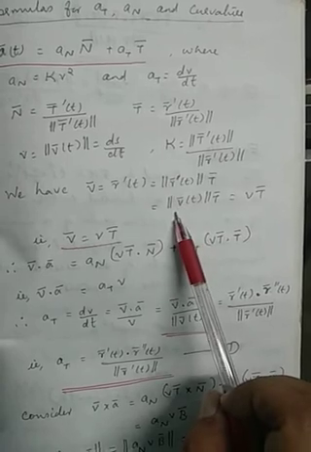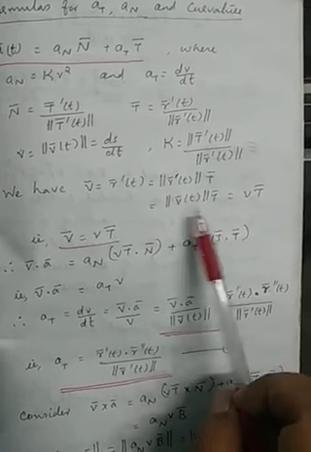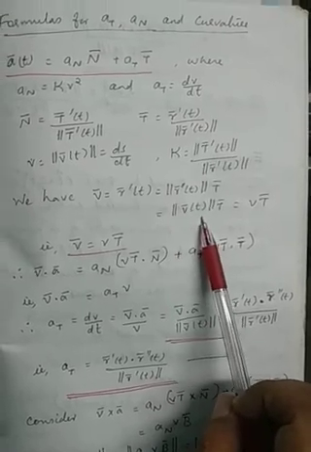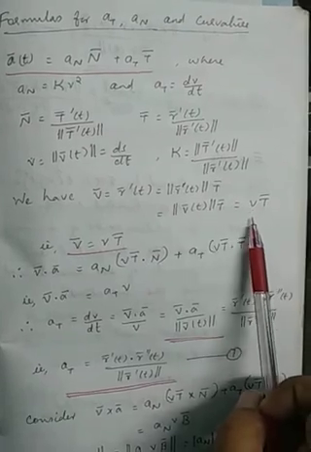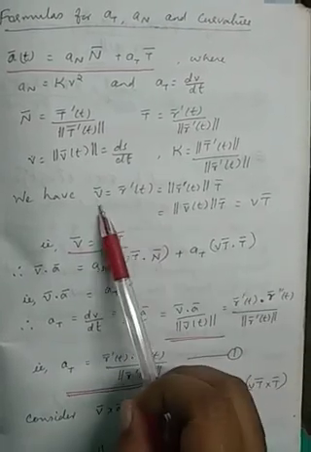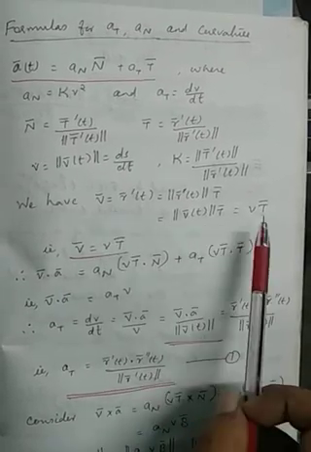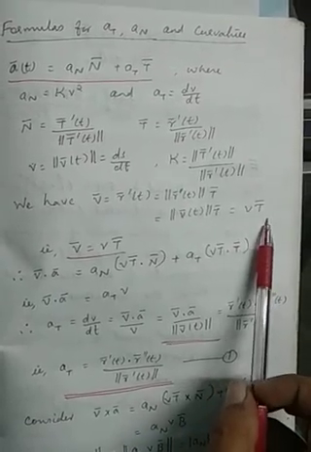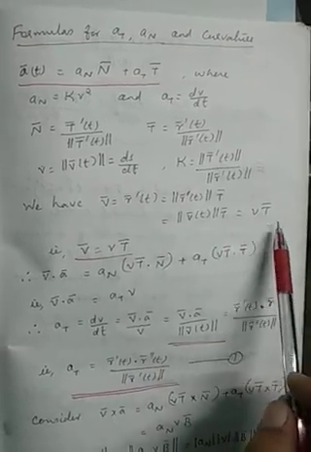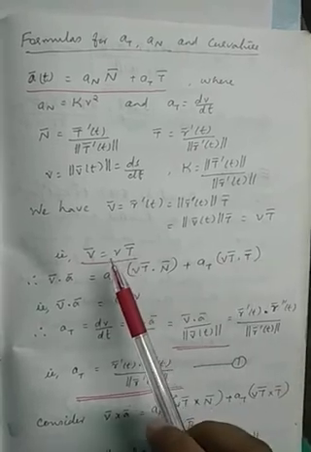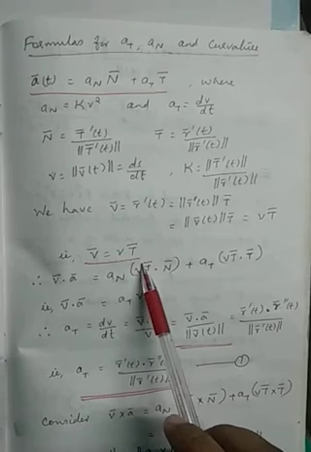So, this is norm of vector v into vector T. And what is norm of vector v? That is equal to the speed v. So, v into vector T. So, we have velocity vector is equal to speed into unit tangent vector. That is v bar is equal to v into T.